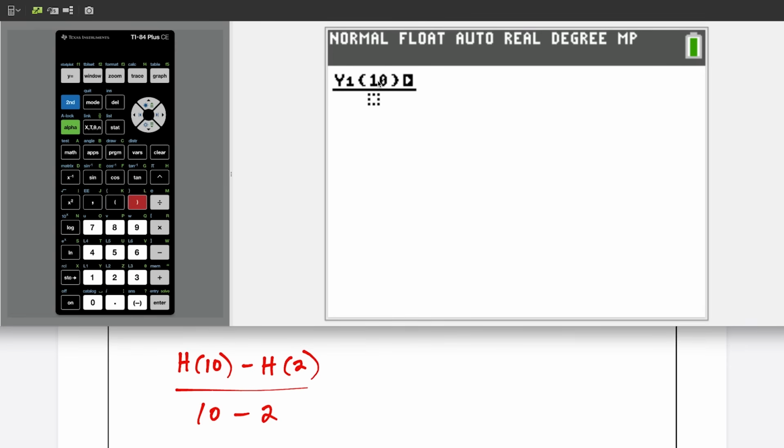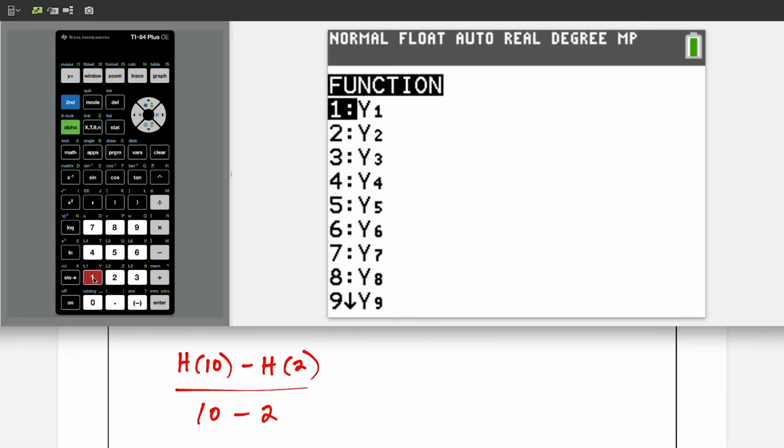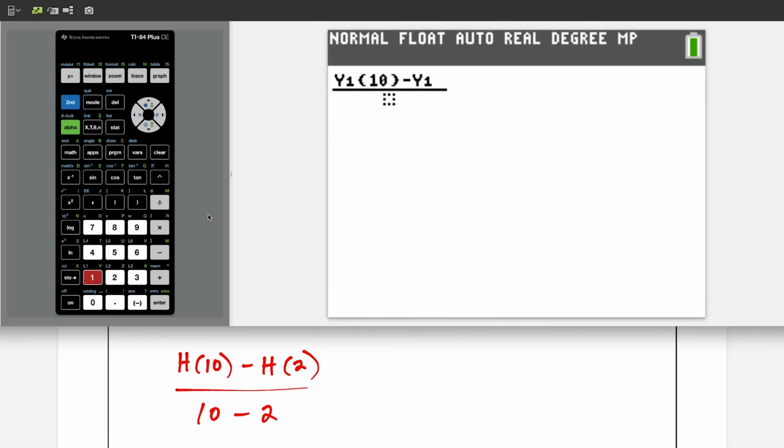And that will tell the calculator to find h of 10. And then I could press minus. And if you don't have one of these newer calculators, you could always press vars. You go to the right, you go to function, and you go to y1, and you could access y1 this way. And then I put parentheses 2 and I close it. So this is going to take h of 10, h of 2, and subtract them. And then we're going to divide by 10 minus 2.